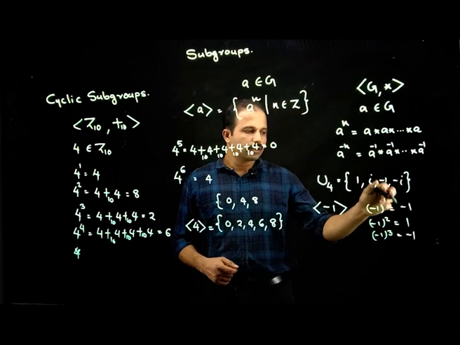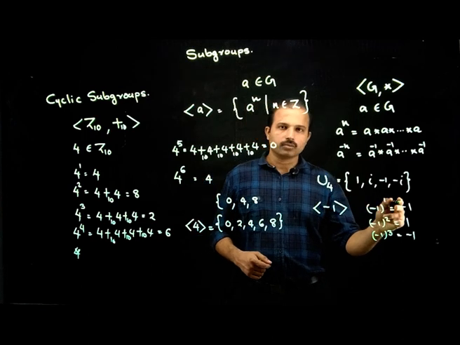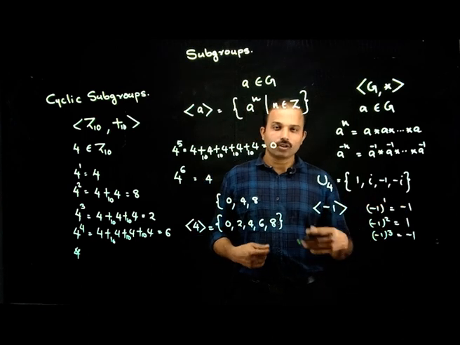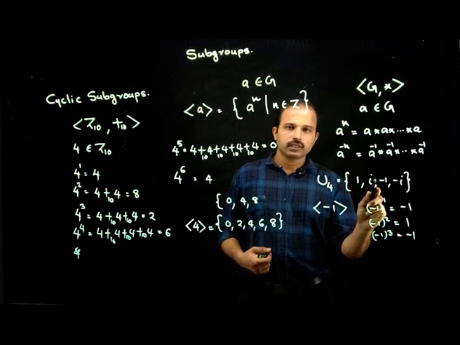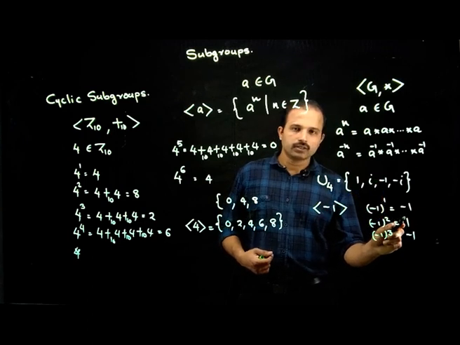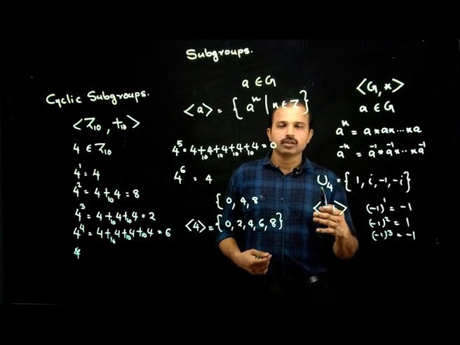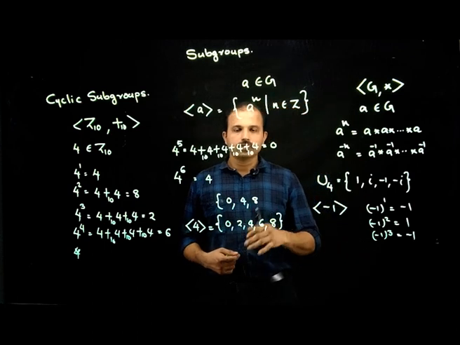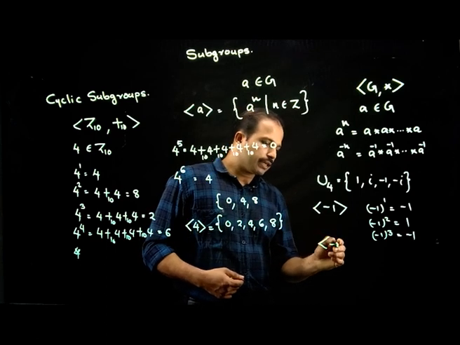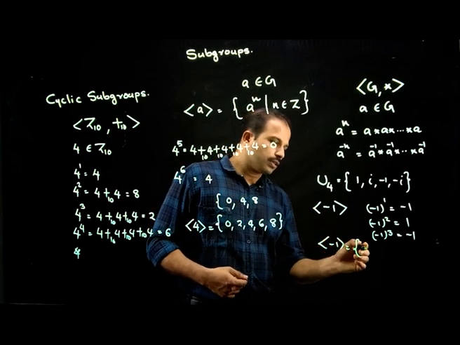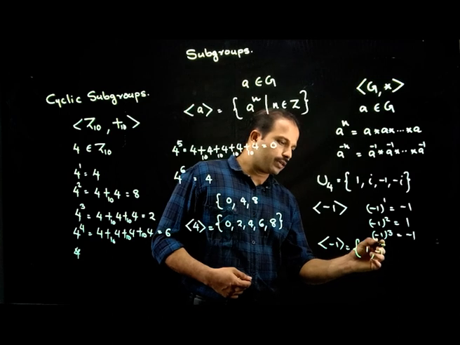So now you will repeatedly get these two values, minus 1, 1, minus 1, 1, or you may stop whenever you get the identity element. In U4, the identity element is 1. So while taking the powers, you may stop whenever you get the identity element. So the cyclic subgroup generated by minus 1 is equal to 1 and minus 1.